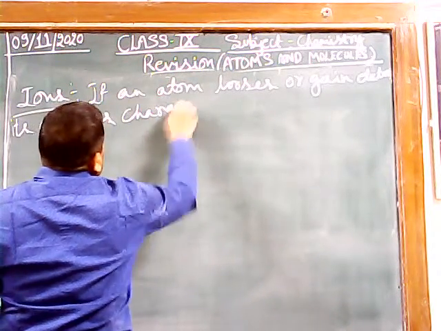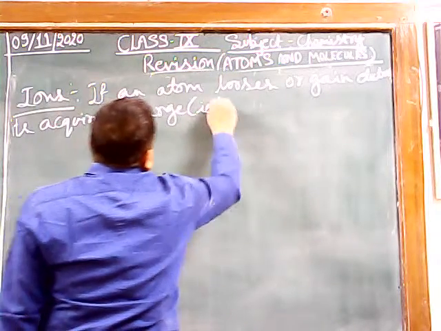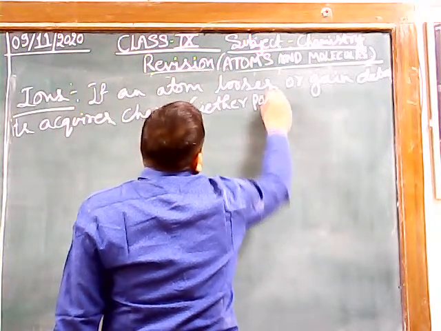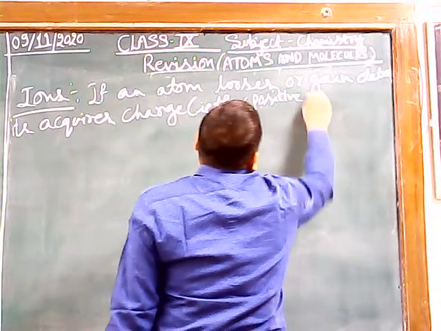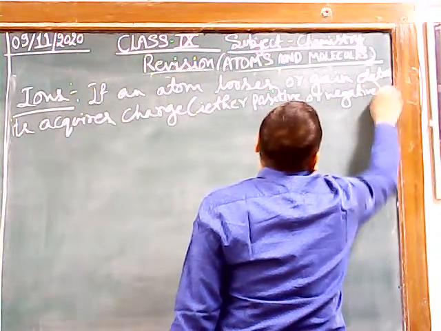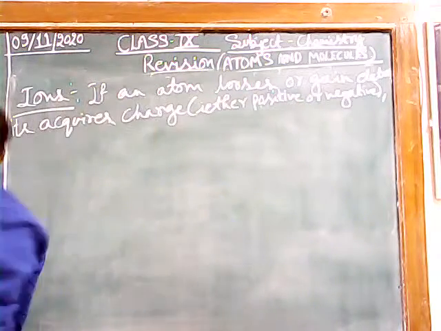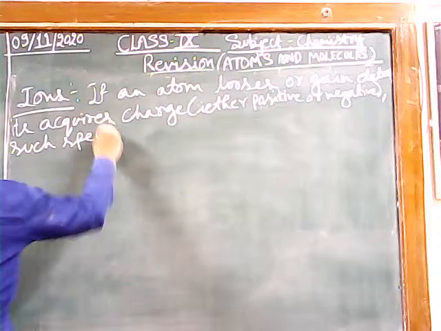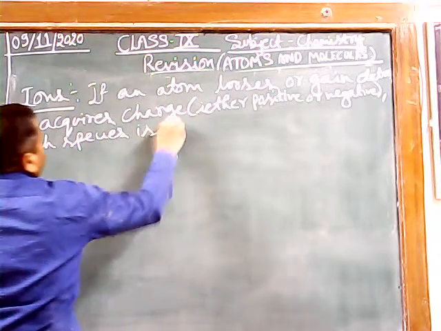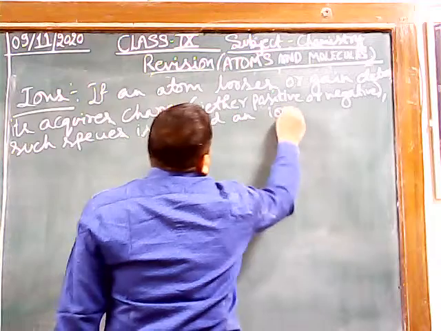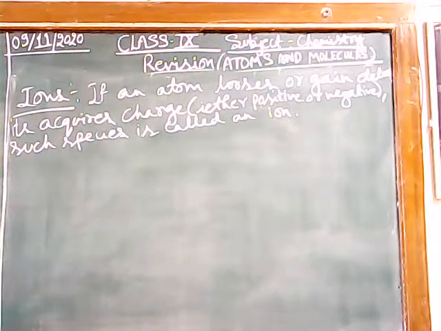It acquires charge, either positive or negative. Such species is called an ion. Okay, called an ion.